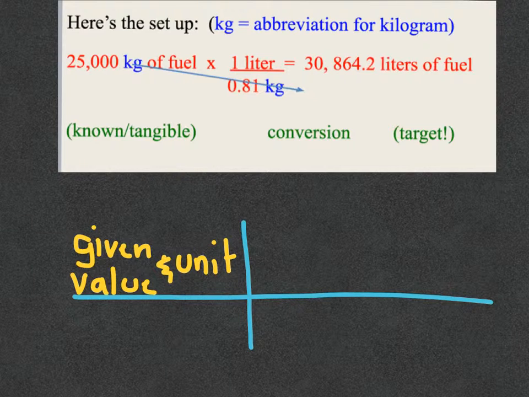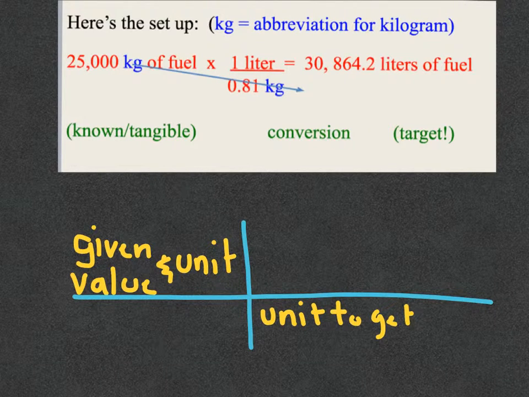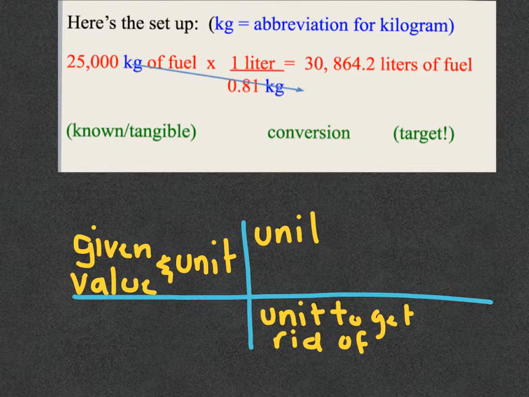And the unit we want to get rid of goes at the bottom. And the unit to get to goes on top.